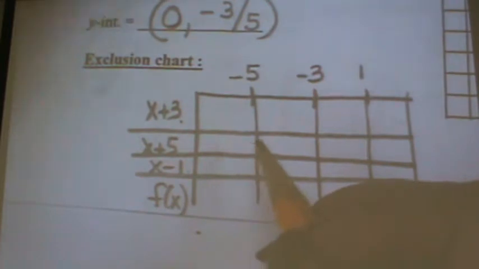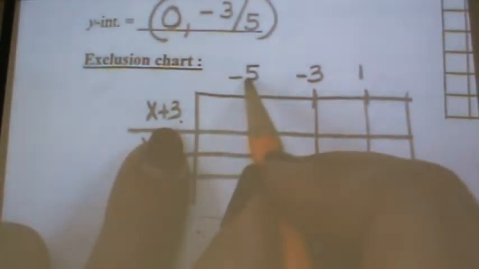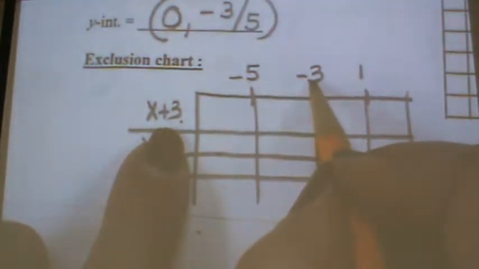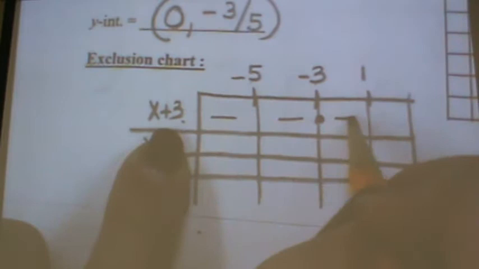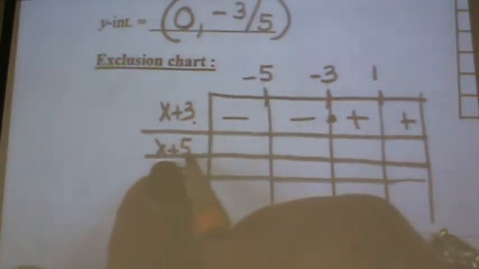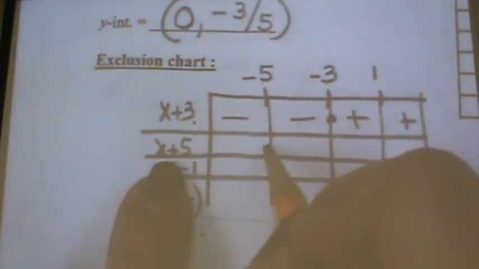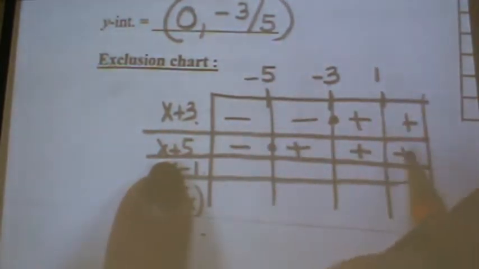Okay, let's do our zeros. Where's the 0? Is it -5? Is it -3? It's right there. So these two will be negative, these two will be positive. Then right here, where's your 0? -5, right here. Negative, positive, positive, positive.